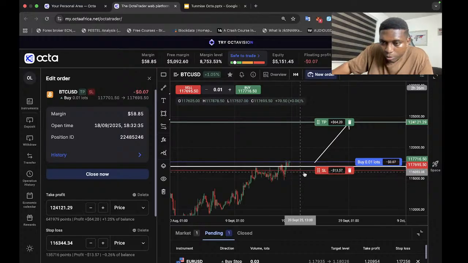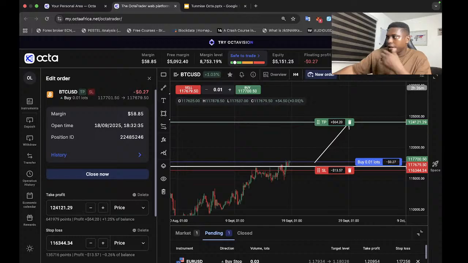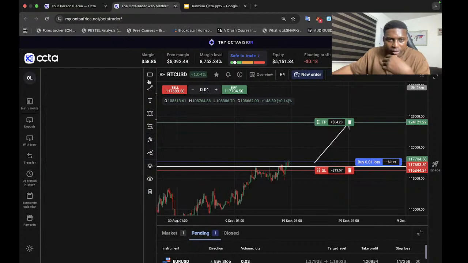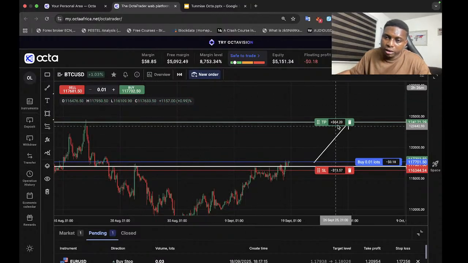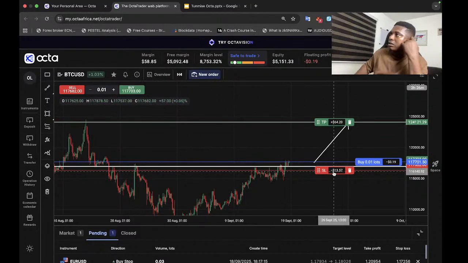My stop loss is at 116k. So for BTC, that's my target level, both for take profit and for stop loss.